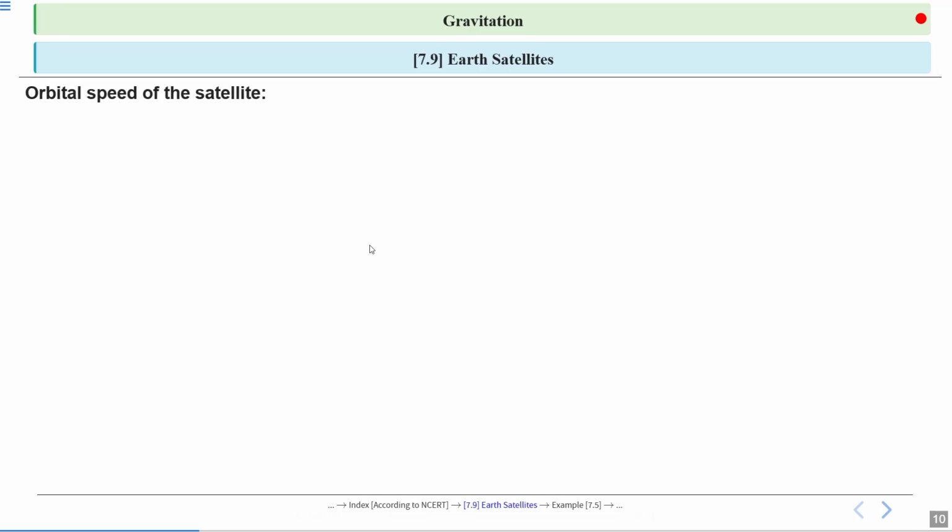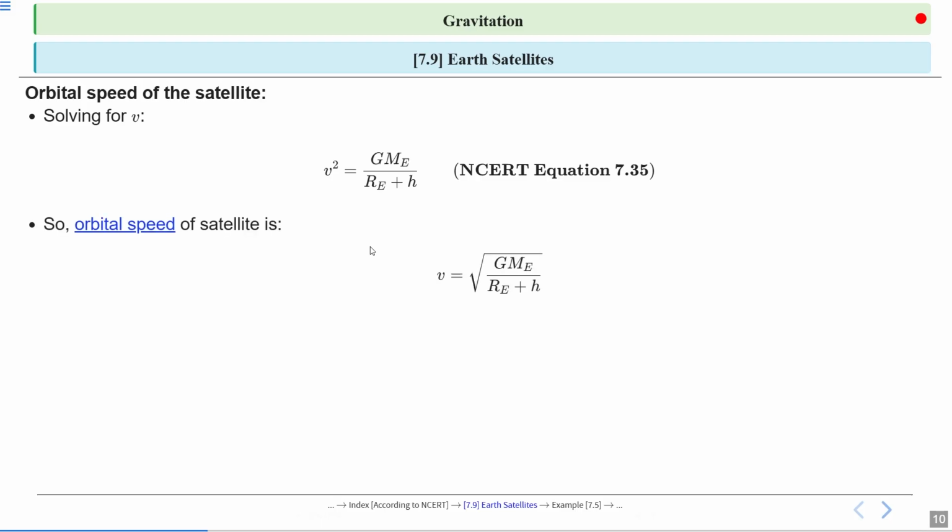Let's see the orbital speed of the satellite. So we have v² = GMe / (Re + h). So the orbital speed of the satellite v is equal to the square root of GMe divided by (Re + h).